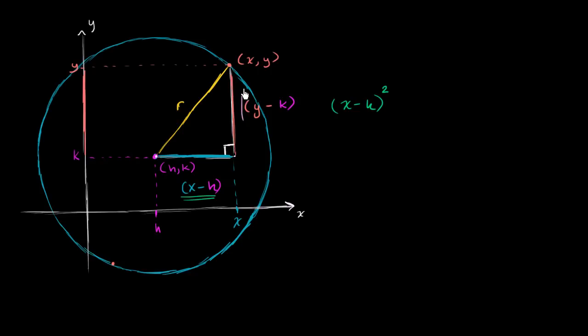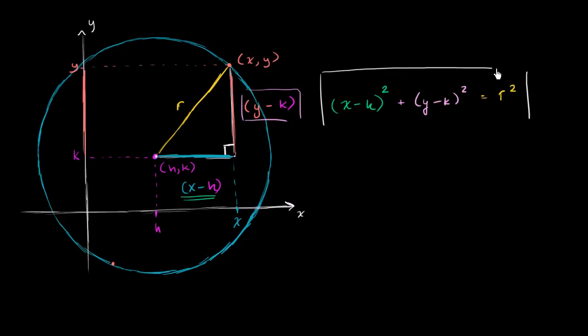So plus y minus k squared is going to be equal to the hypotenuse squared, which is equal to the radius squared. And just like that, we have found the general equation of a circle, where h comma k is the center of the circle, and r is the radius.